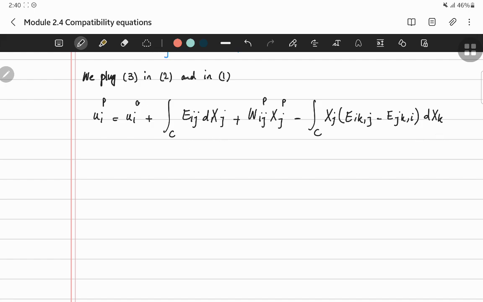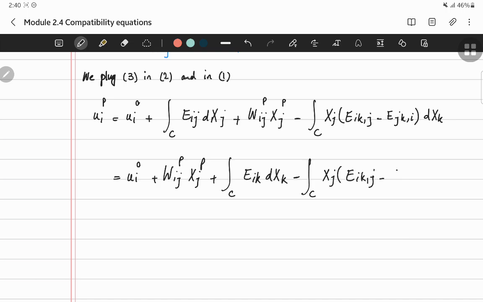So I can write this as u_i at o, at the origin, the integral of e_ik dx_k plus w_ij at p x_j p, plus this integral, because j is the dummy index, so I can replace it with k, e_ik dx_k, minus this integral x_j e_ikj minus e_jki dx_k.